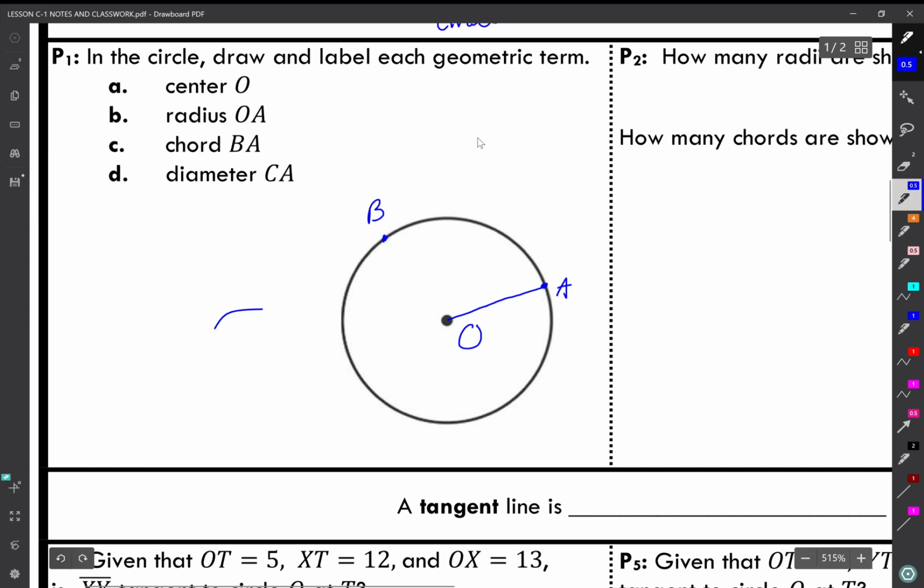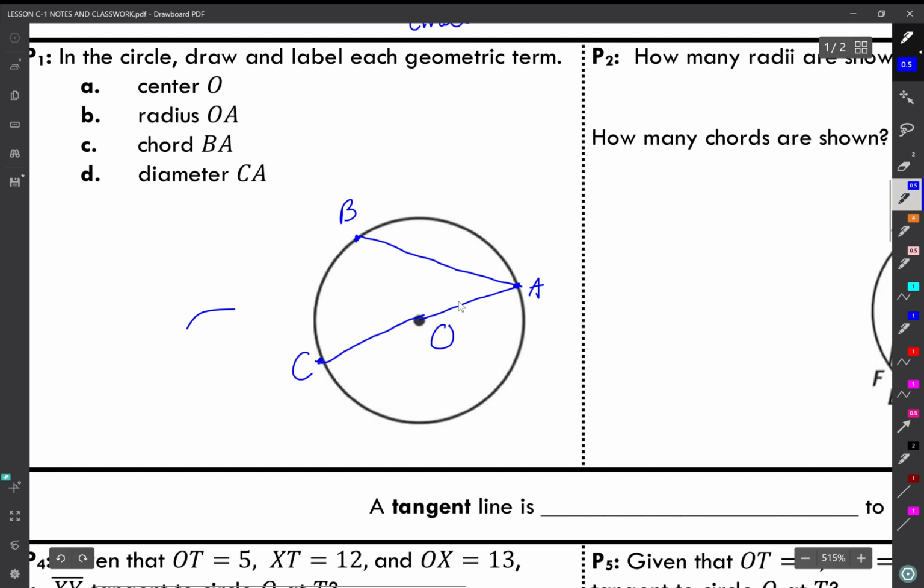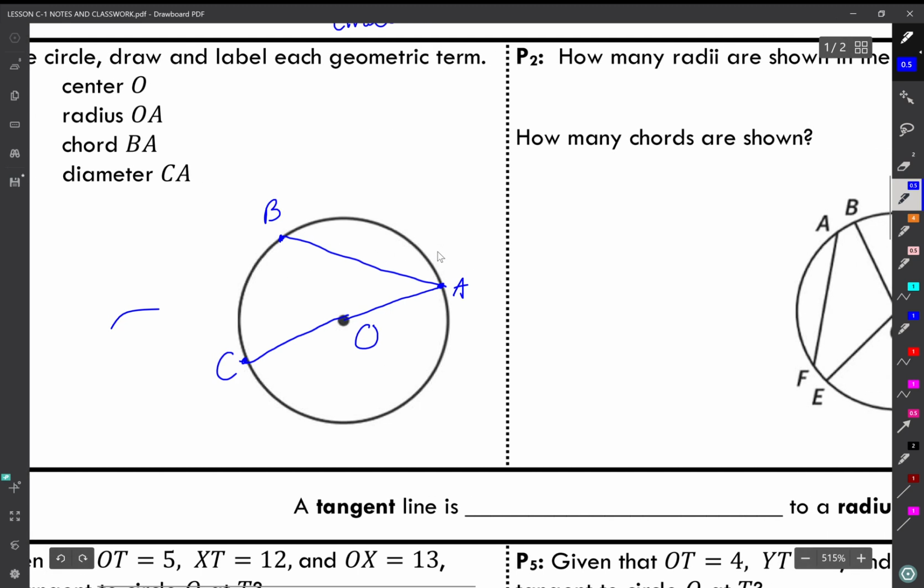Arguably a better line than mine, but there we go. And then diameter CA, so it does matter where we place the endpoint C, because we know it has to have one endpoint A. We already have A here, so there's only one diameter possible with that endpoint right there. So it goes through the center and across like that. That's how you get diameter CA. Your drawing could have looked a little different than mine, and that's okay, right? Just as long as it has the basic concepts here.